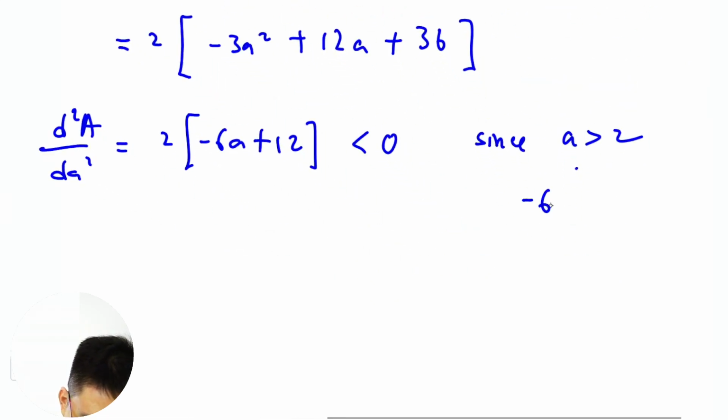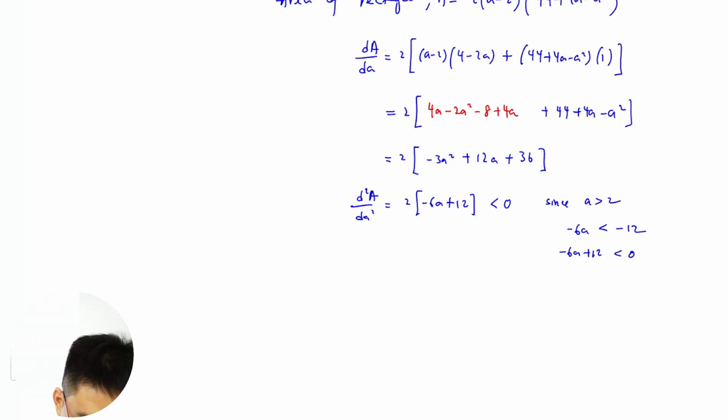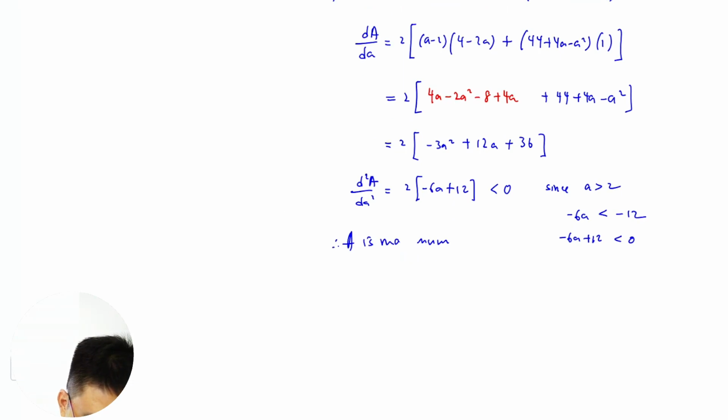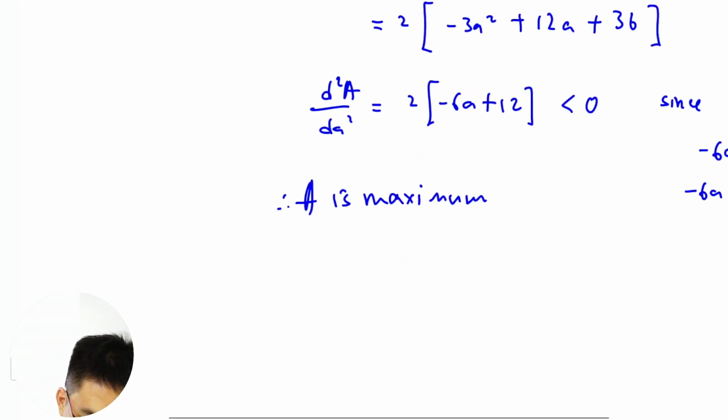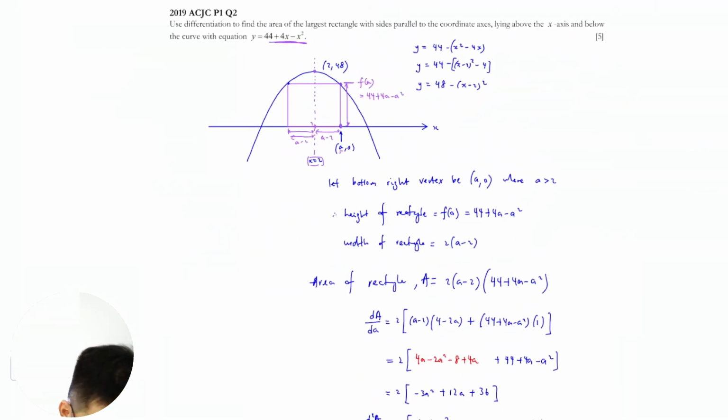So minus 6a will be less than minus 12, then minus 6a plus 12 is less than 0. So hence A is maximum. I think it's good to show A is maximum. I'm not sure whether the question requires it, but because they say find the largest, it's maximum.